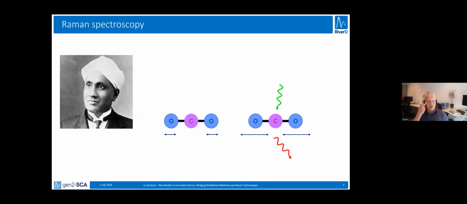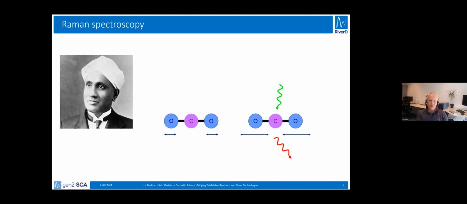So meet Mr. Raman, a very clever Indian scientist who discovered the light scattering effect on which Raman spectroscopy is based almost 100 years ago, in 1928.